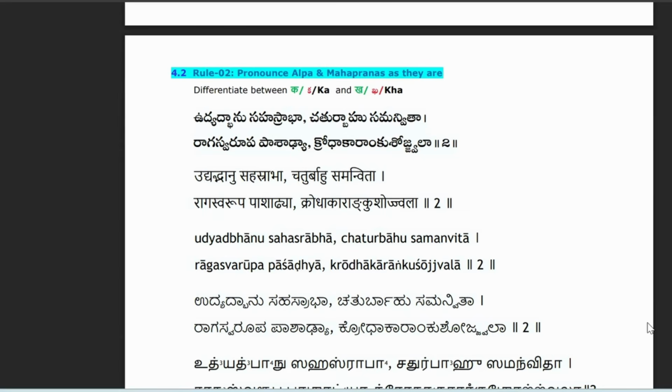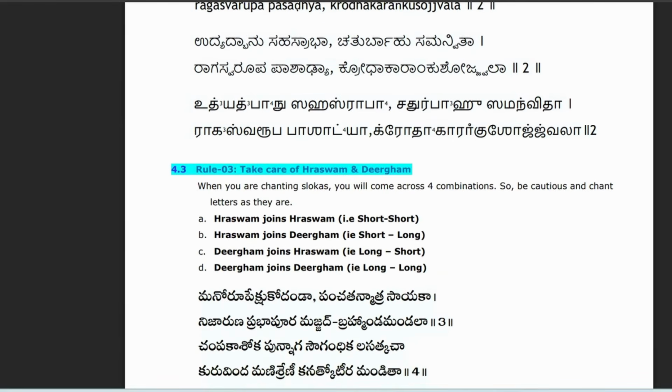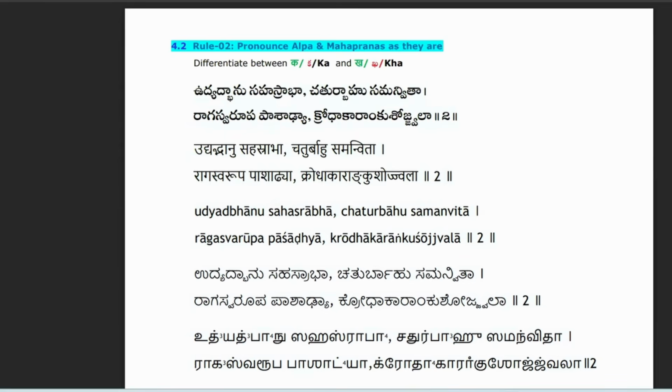Or sometimes if there is no dirgham, they try to put a dirgham there. So make sure that you are pronouncing Alpaprana and Mahaprana as you see the letter there. That is rule number 2. Sorry, this one is about Alpaprana and Mahaprana, not dirgham and rasvam. If you see Bha, you say Bha, not Ba. Krodha, not Krodá. Pashadhya, not Pashadya.